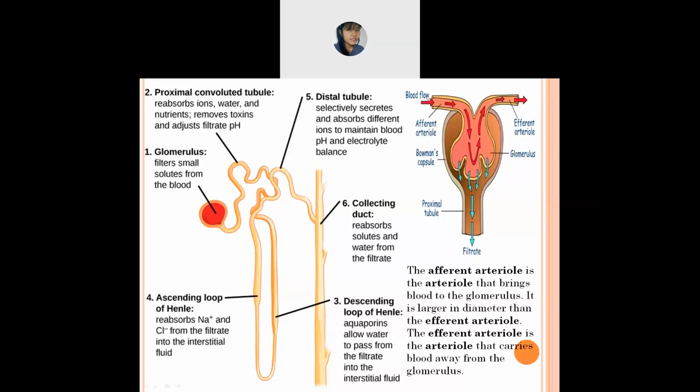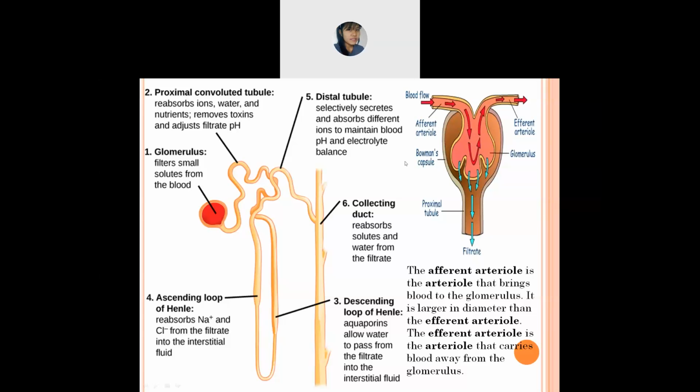What I was saying is that the impure blood comes from the efferent arteriole. They will filter it and it will become pure blood in the glomerulus.